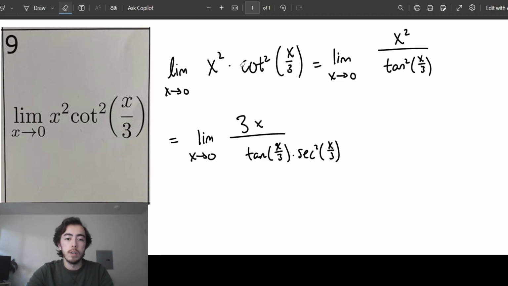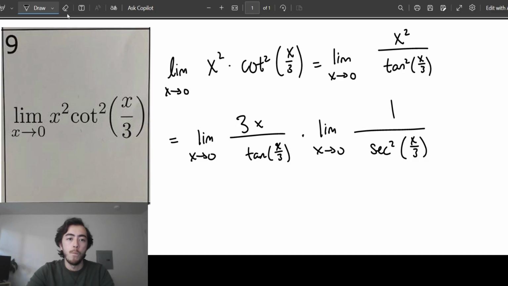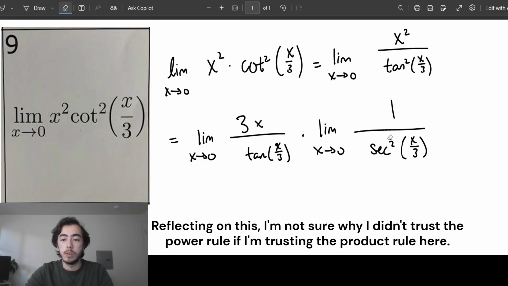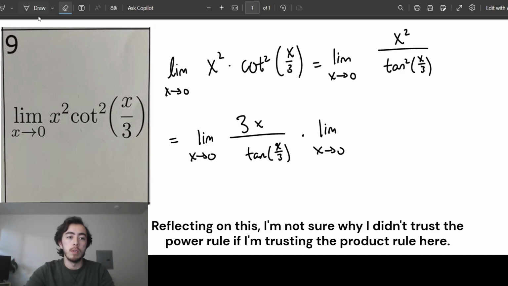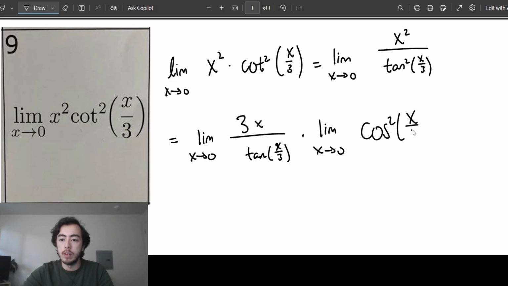What I am going to do, though, I think I'm allowed to split it up, kind of using maybe the product rule of limits, where I'll just put the limit of secant squared of x over 3 over here. And then actually, secant squared is just reciprocally cosine squared. So we do get cosine squared of x over 3 over here.